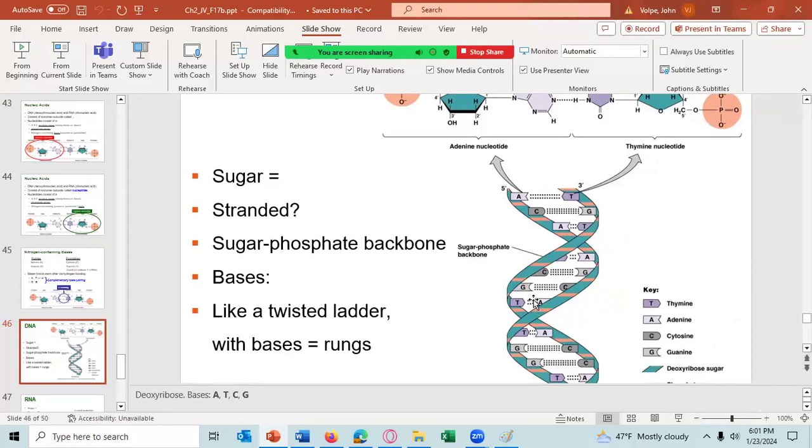The bases are not directly in the single-stranded DNA. They do not hold the single-stranded DNA together. The bases are off from the sugar phosphate backbone of the single-strand DNA, and they make the steps for DNA.